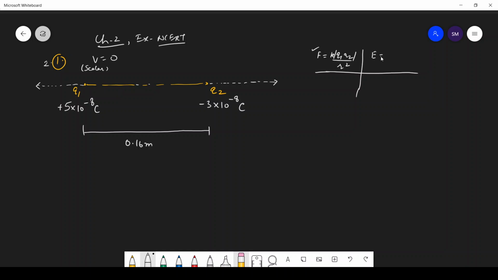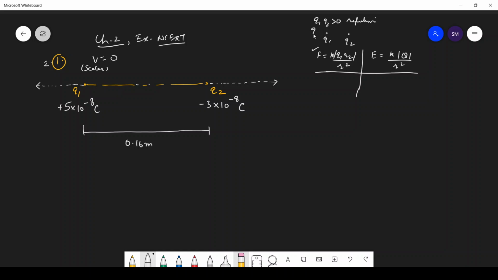Same is the case with the electric field. In electric field also, don't put the sign of the charge. In Coulomb's force we know Q1 Q2. If Q1 Q2 is greater than 0, means they are both positive or they are both negative, so there will be repulsion.